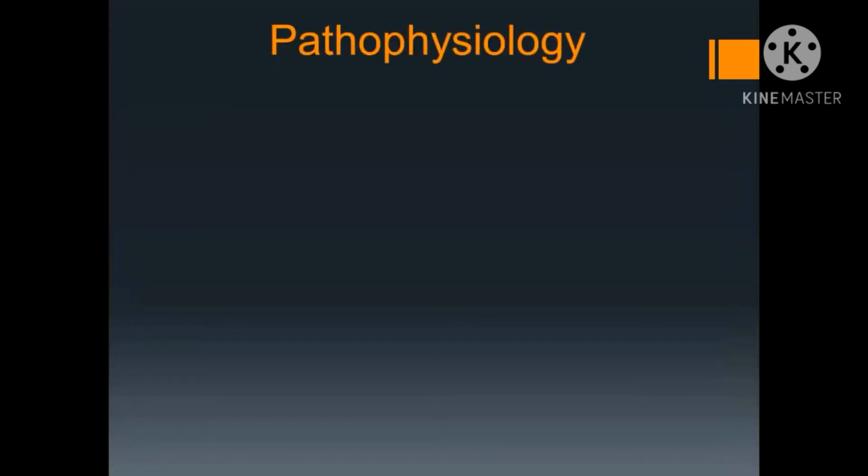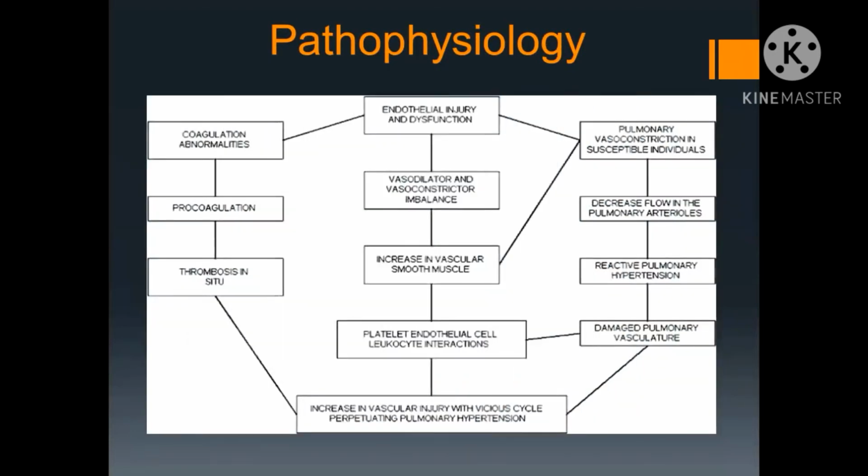So this is the pathophysiology of this condition. Due to the causative factors of pulmonary hypertension, such as patients with chronic heart failure and other lung diseases, there is an increased risk of endothelial injury and dysfunction. The main function of endothelial cells is to maintain or regulate the systemic blood flow and tissue perfusion through changes of vessel diameter.